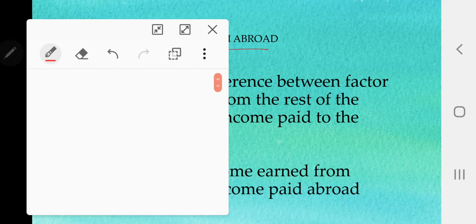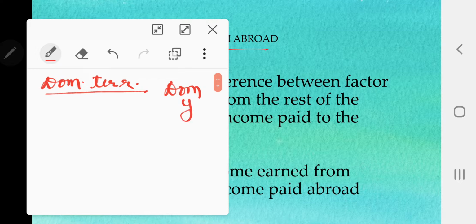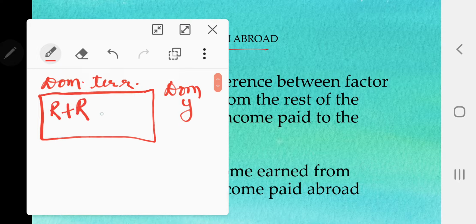In order to study this concept in detail, let me first take you to the concept of domestic territory and normal resident that we have discussed earlier. Domestic income of a country is income earned within the domestic territory of the country, be it a resident who is earning this income or be it a non-resident who is earning this income.